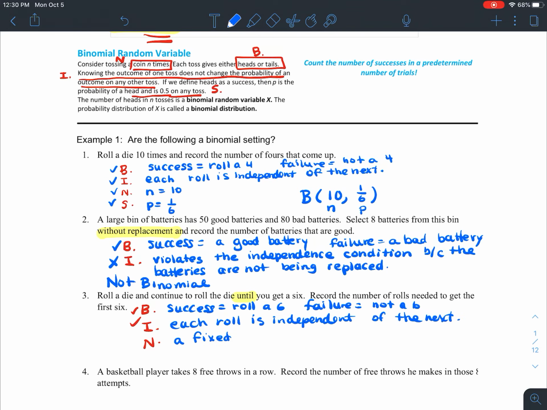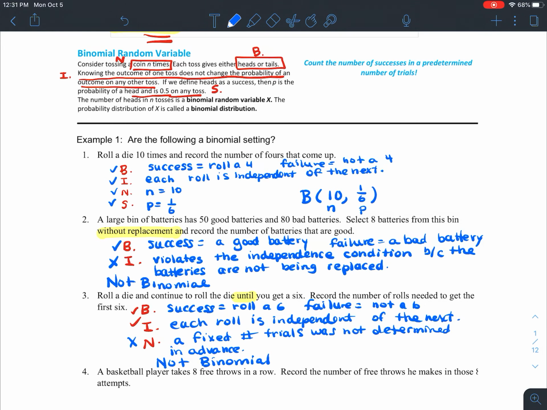It has to be fixed. So this is where this is violating: a fixed number of trials was not determined in advance. So again, we would classify that one as not binomial.